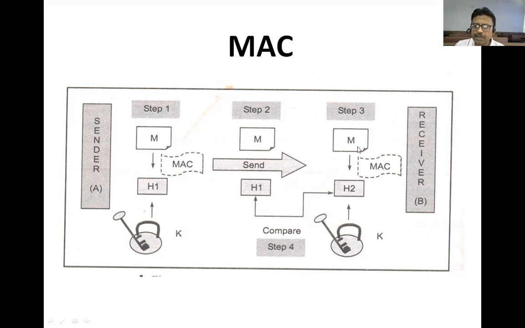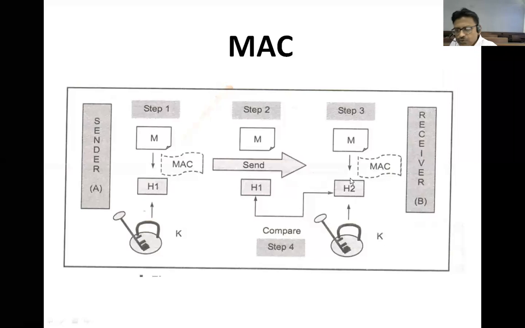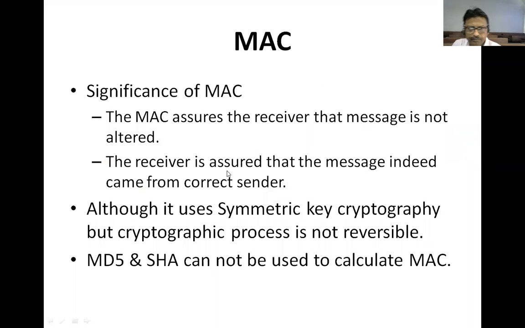Until the message is the same, it is not able to calculate, and the digest value is not going to be the same because the keys are different. So this is the way MAC is calculated.